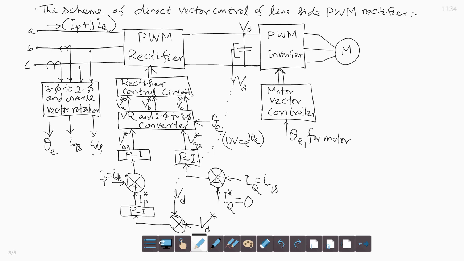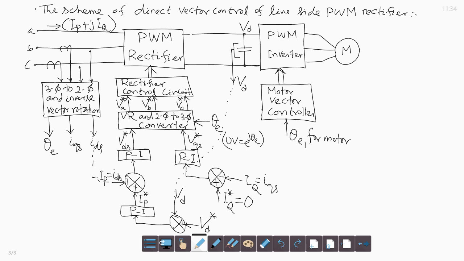This IDS goes here and IQS goes to the q axis loop, and theta E is used for unit vector orientation. So, this is the figure giving the scheme of the vector control.